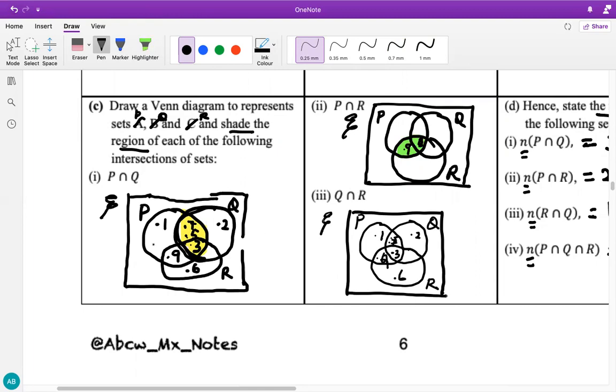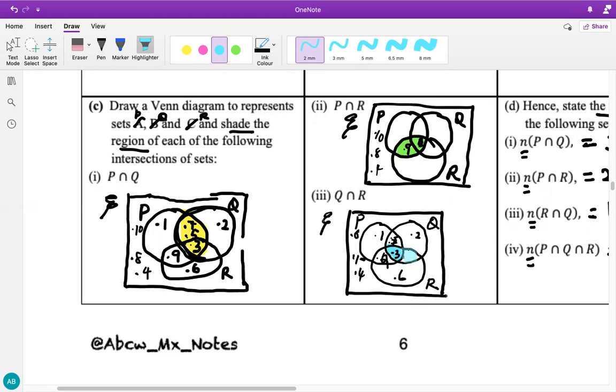All right. So apart from that is 1, 2, 3, 5, and then 4 outside, right? And then also 8 and 10. So you can fill in here later on. 8 and 10, right? So Q intersect R will be this area only.